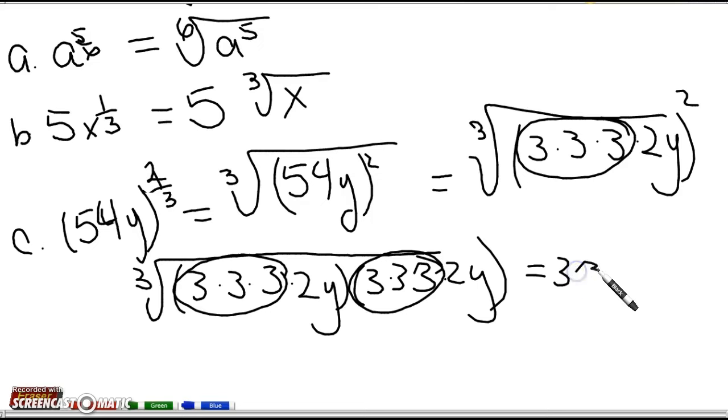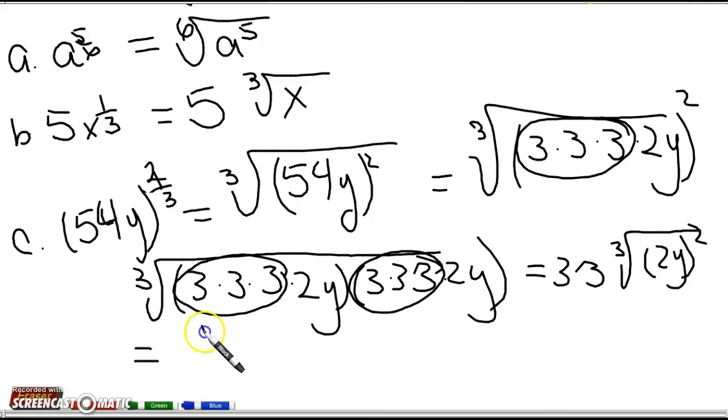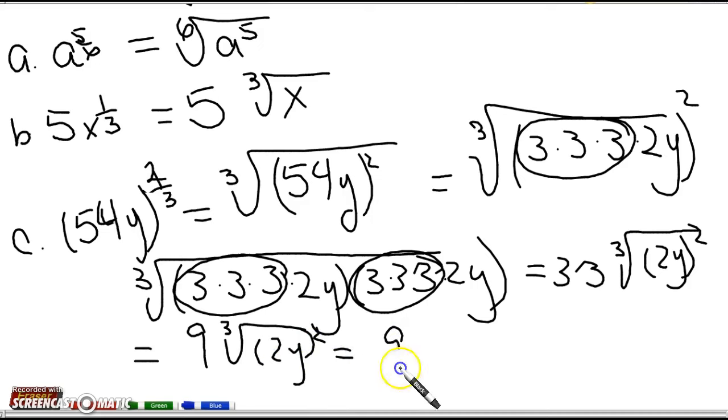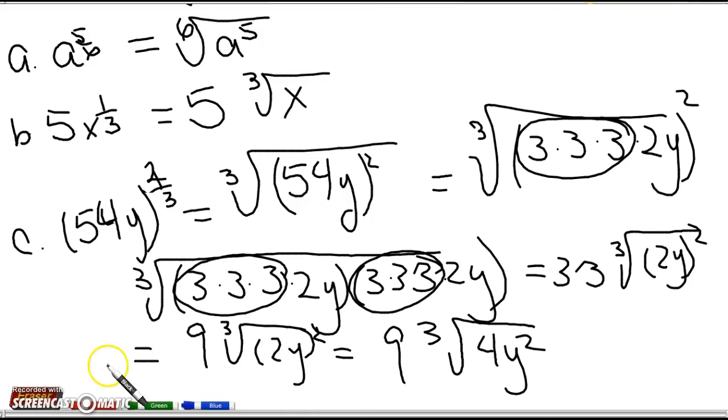So I get 3 times 3 and the cube root of, and I'm left with 2y times 2y, so I can just put in here 2y squared, okay? So I'm definitely going to write 9 times the cube root of 2y squared, or I can write it as 9 times the cube root of 4y squared, okay? I hope this helps.